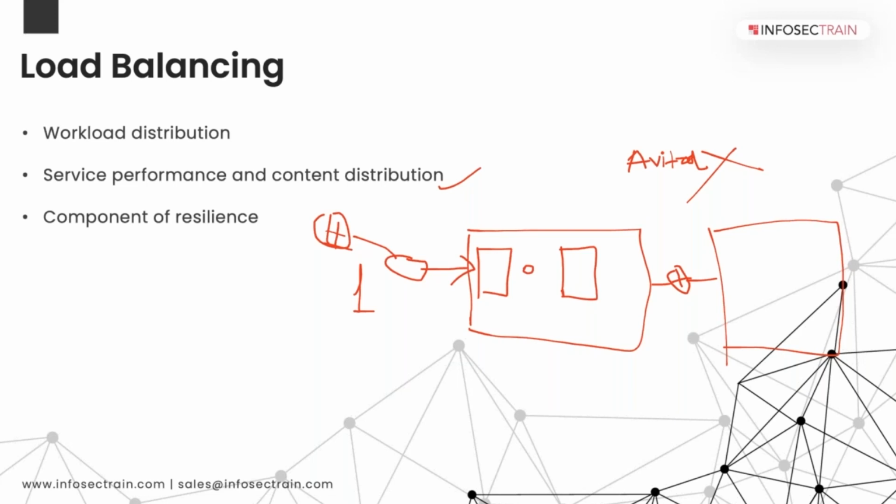For each of these, we have to think about business continuity and disaster recovery as well. If I'm talking about the infrastructure, we are talking about high availability, which is with your cloud service provider.